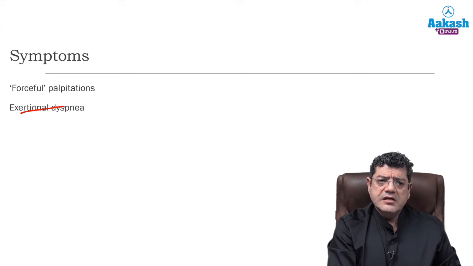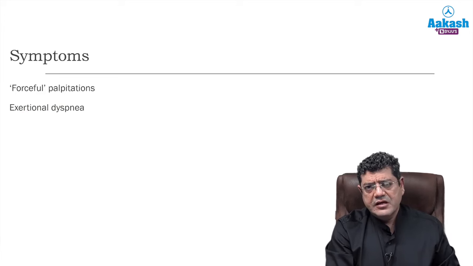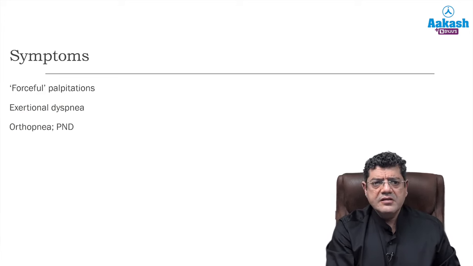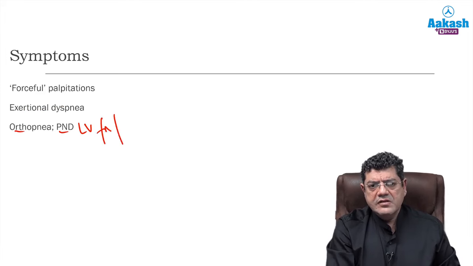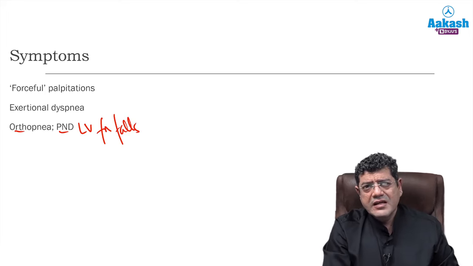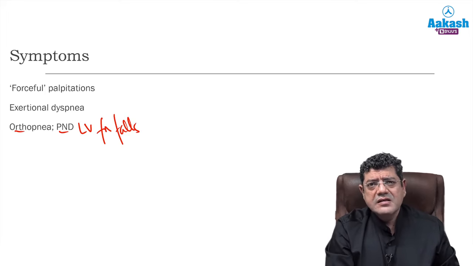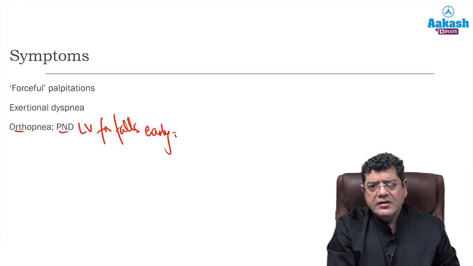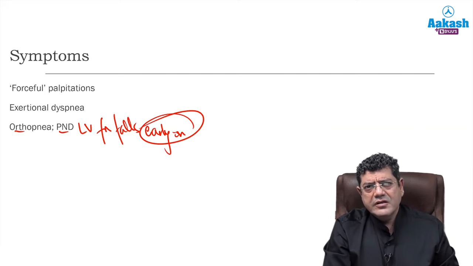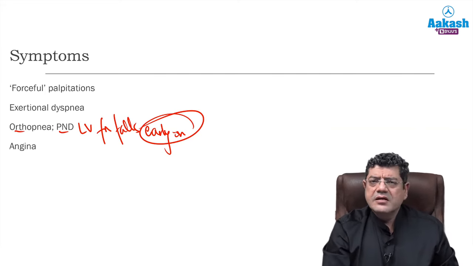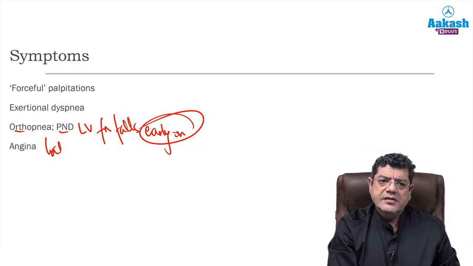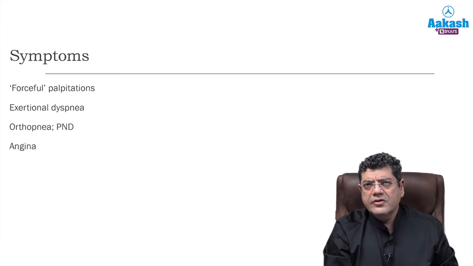So exertional dyspnea is the first manifestation to occur after palpitations. Orthopnea and PND occur when the LV function falls, and we discussed that this falls early on in patients with aortic regurgitation. That's when symptoms appear. Angina is a late manifestation of aortic regurgitation.